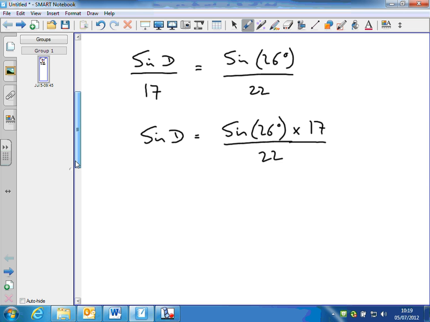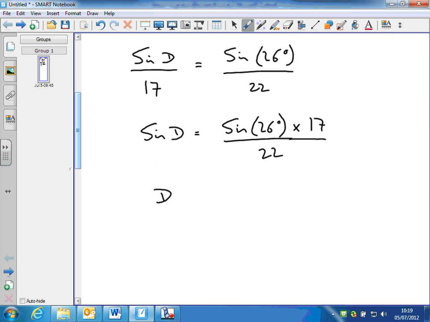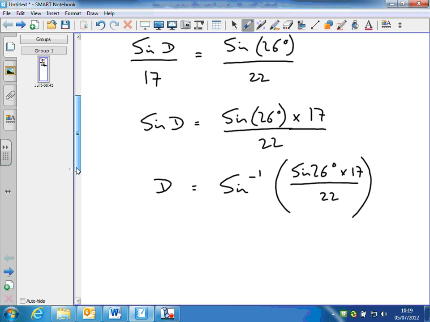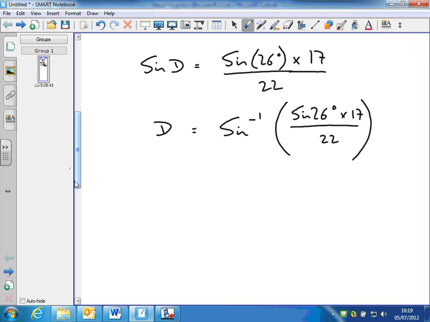I'm after angle D, so I need to find the inverse sine of this ratio, which is sine 26 times 17 over 22. So that's what I'm going to key into the calculator. Always try and do it in one hit on the calculator if you can, because that means that you can hold the accuracy all the way through the calculation.